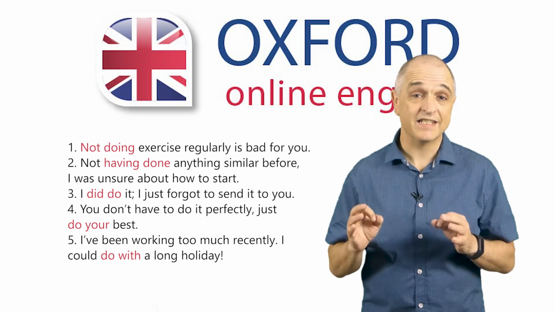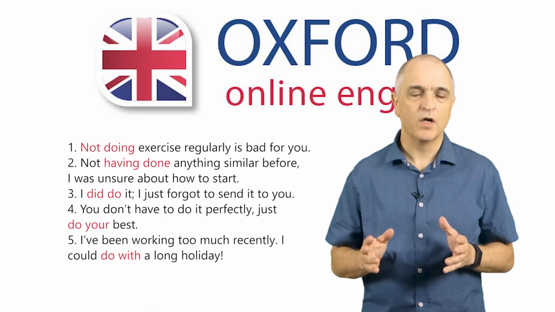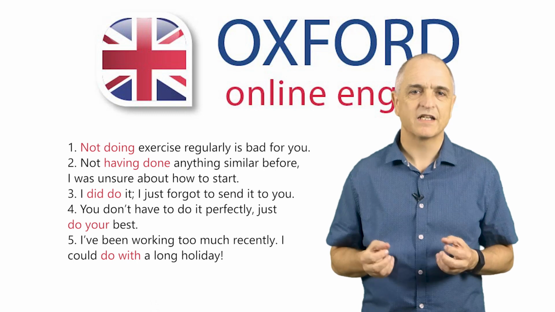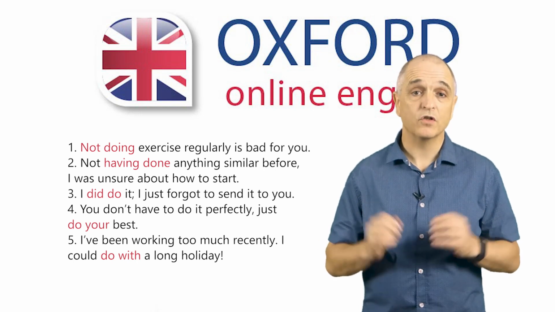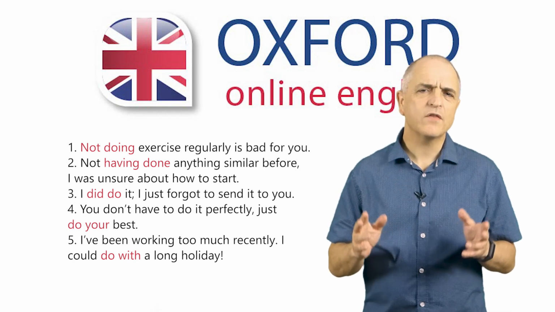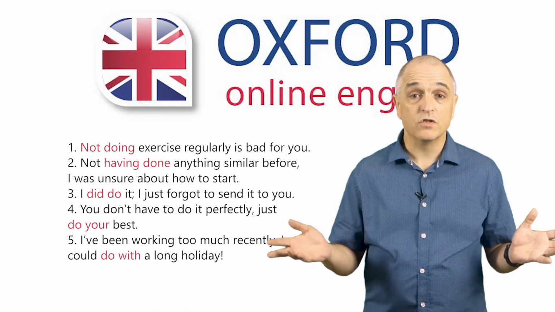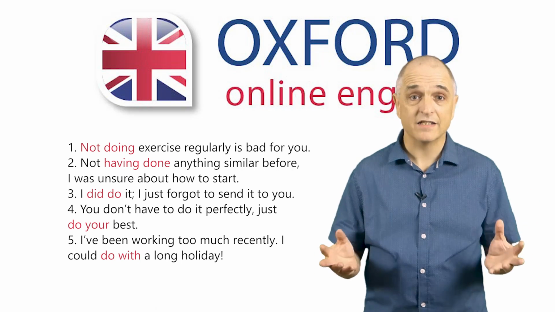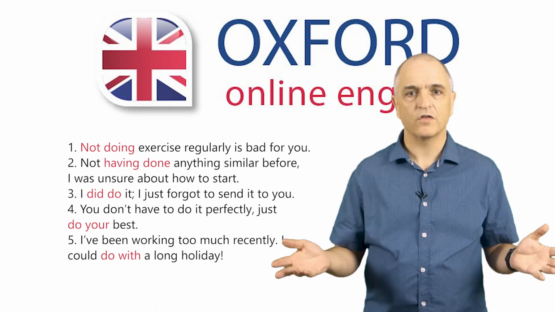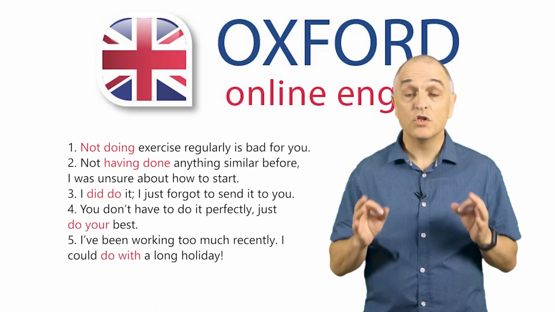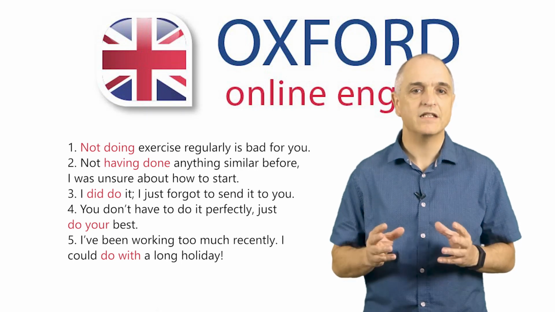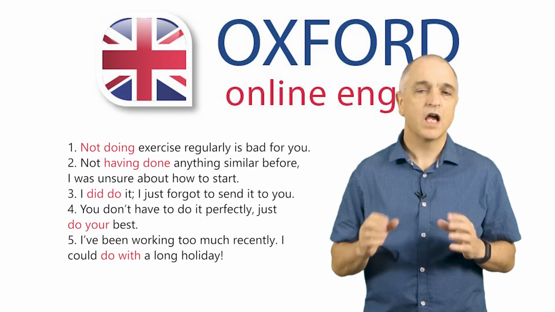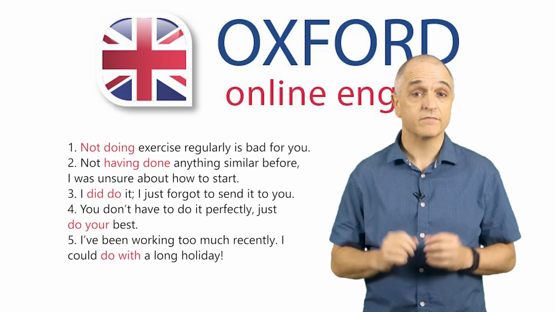Here, did is an auxiliary verb which adds emphasis, and do is a main verb. So, if someone asked you, why didn't you do it? You might answer them like this. I did do it. I just forgot to send it to you. You use the auxiliary verb did to add emphasis and contradict the other person.